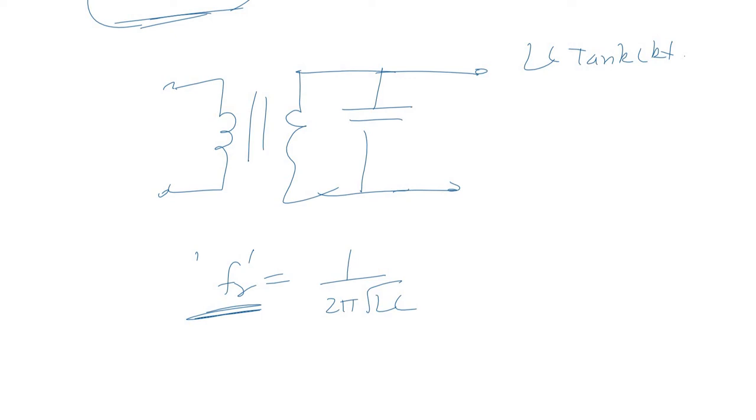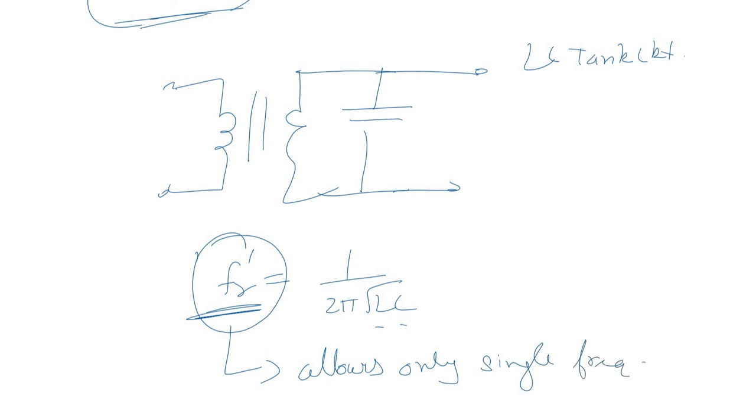Depending on the values of L and C, we can tune this amplifier such that it passes only a single frequency component, that is FR, and rejects all other frequency components. That will help us to boost the selectivity of the receiver.